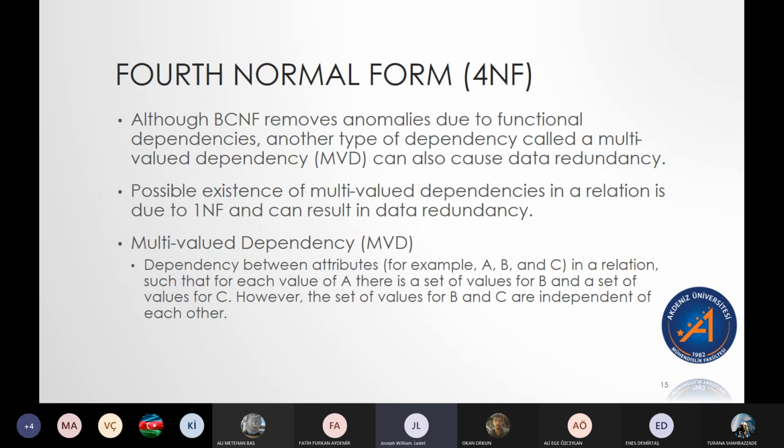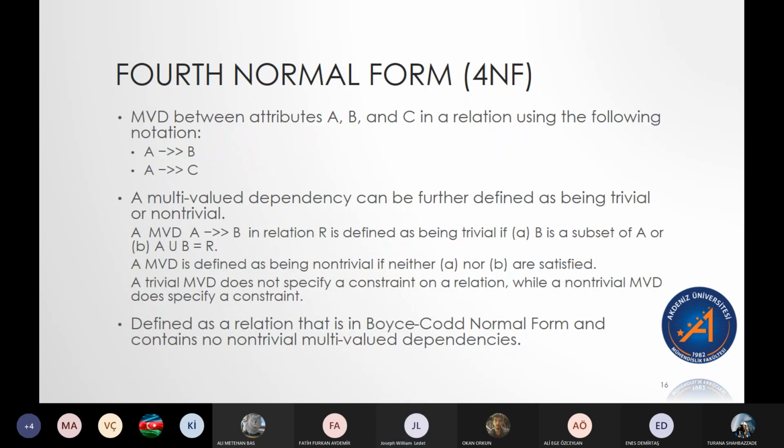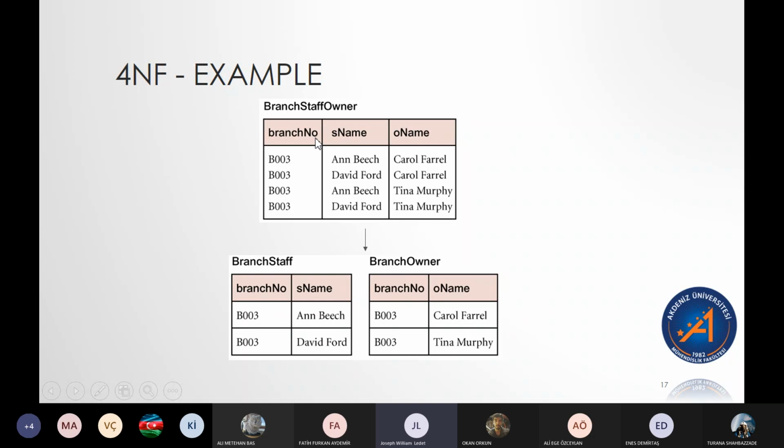The idea is that for one set of attributes, there could be multiple values that are dependent on it on the other side. So let's look at an example here. If we had the branch number, staff who work at that branch, and owners who own properties that are managed by that branch.